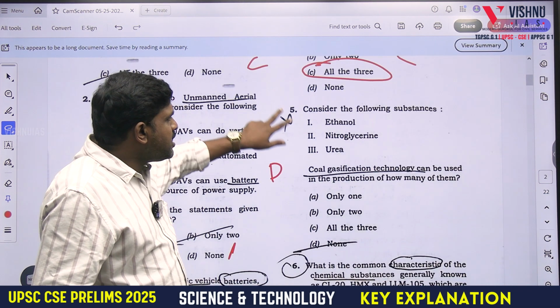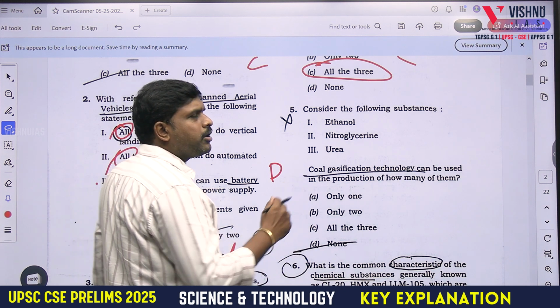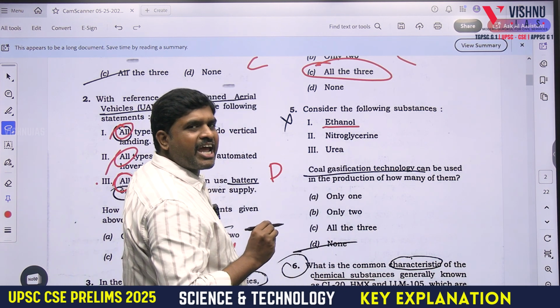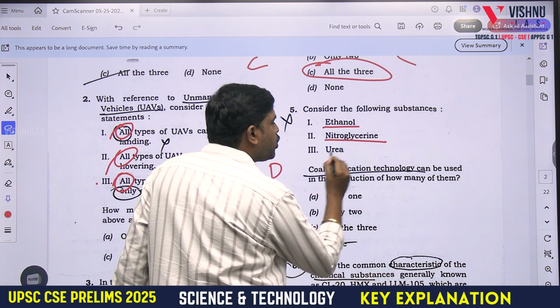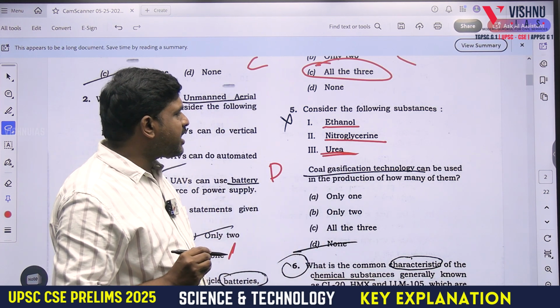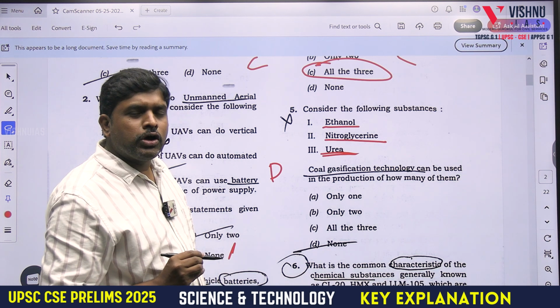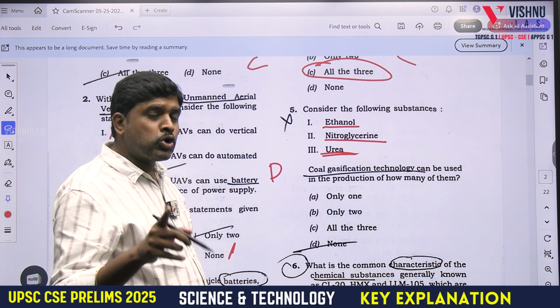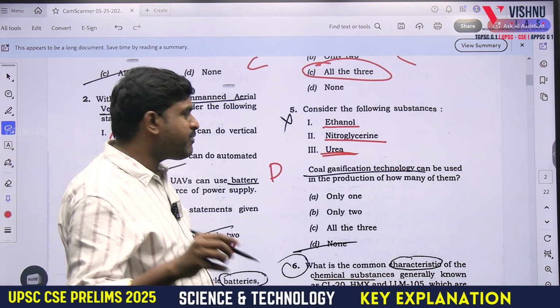Fifth question, consider the following substances: ethanol, nitroglycerine, urea. Coal gasification technique, PYQ. Coal gasification technique is a PYQ.